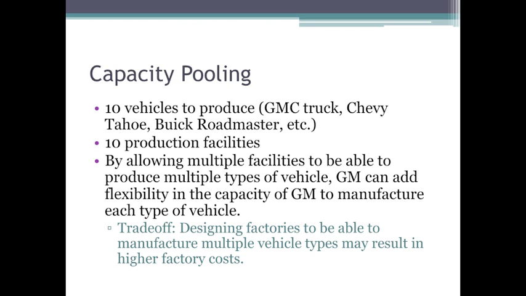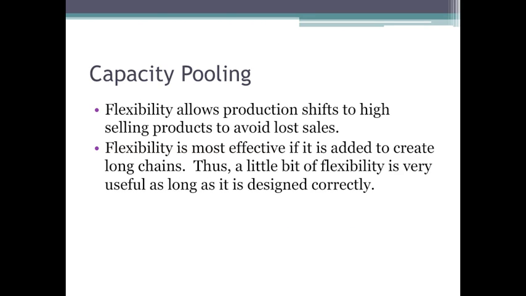Now, there are costs to this. After all, there are costs to having this flexibility. But if we play it right, those costs aren't that great. You see, with capacity pooling, a little bit goes a long way. So what we want to do is create chains of production where we have one process line that can produce two items.